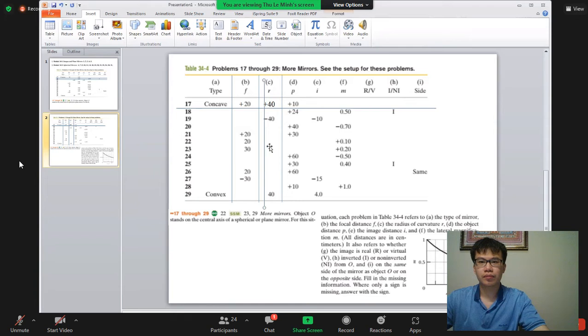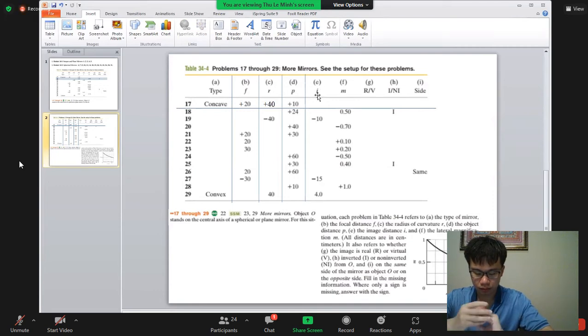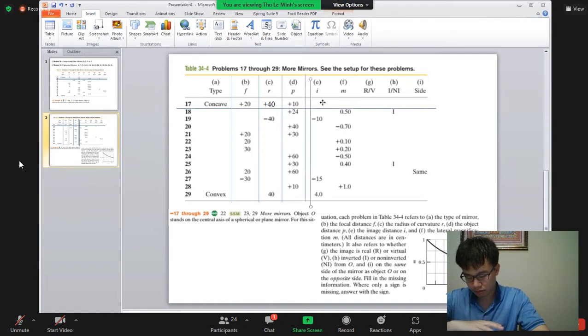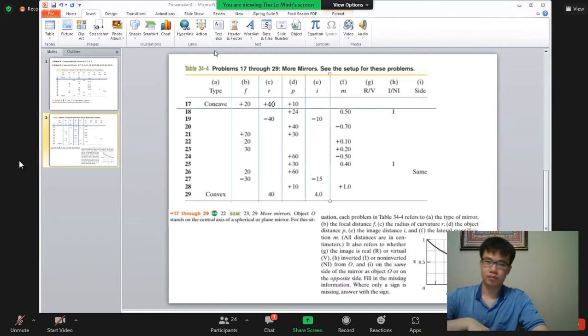And now you have the object distance P equal plus 10. It means we have a real object. So you should determine the image distance I from the spherical mirror equation: 1 over I plus 1 over P equals 1 over F. So what number should we fill here for I?